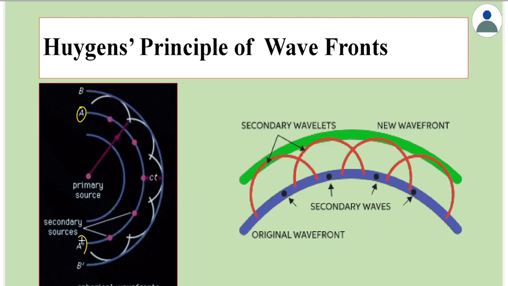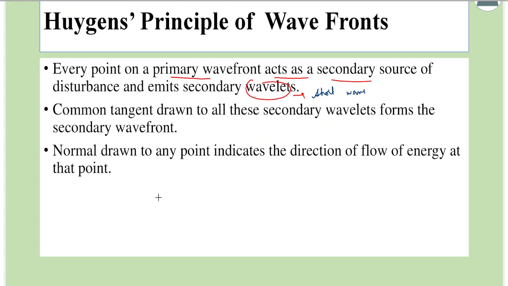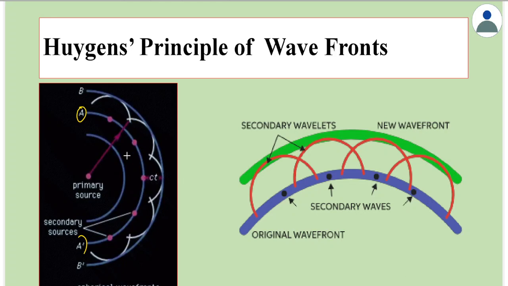According to Huygens theory, every point on the primary wavefront acts as a secondary source of disturbance and emits secondary wavelets. If we look at a few points, as shown here, imagine that this wavefront theoretically consists of infinite sources of disturbances, but here we have drawn only a few sources.